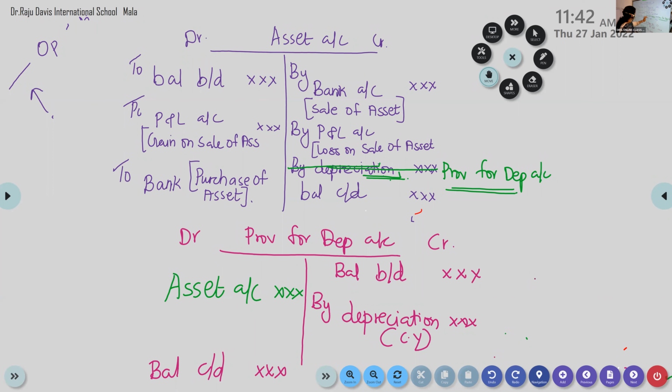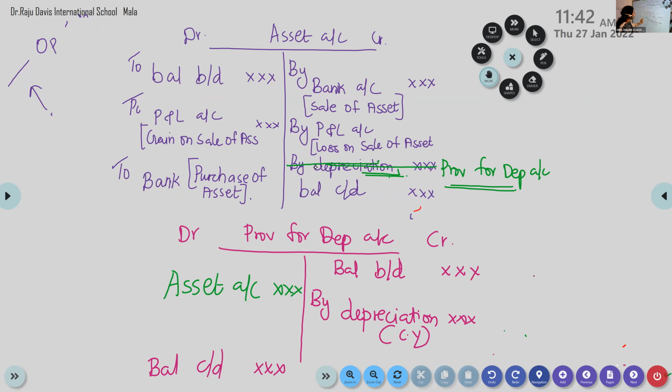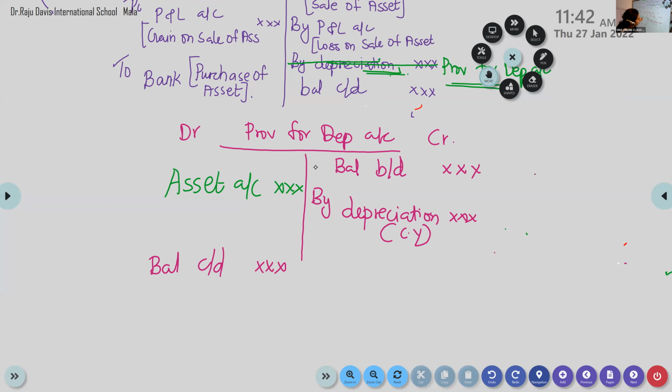So this asset, you should show in the provision for depreciation account also. The provision for depreciation account is debited with the asset account. Understood? So this is an important adjustment. We will be seeing this in the upcoming questions.